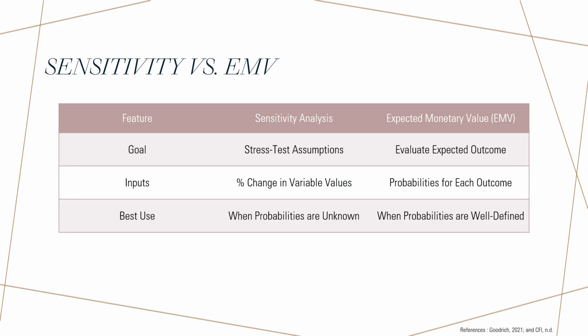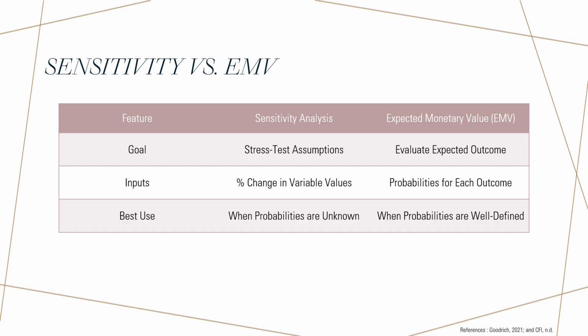Let's compare sensitivity analysis with the expected monetary value, or EMV. EMV assigns probabilities to different outcomes and calculates a weighted average. It's most useful when probabilities are known or reliable, whereas sensitivity analysis doesn't require probabilities. It simply tests the extremes, where a key variable changes by 10%, 20%, or even 30%.